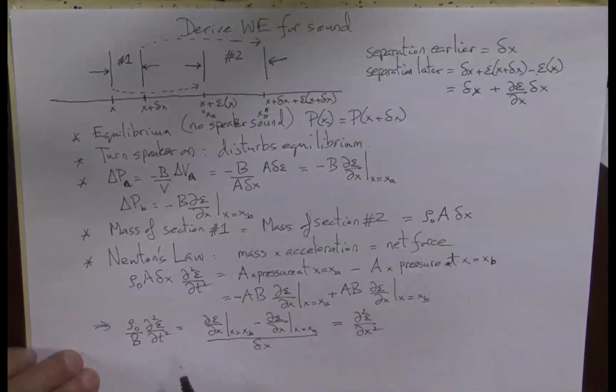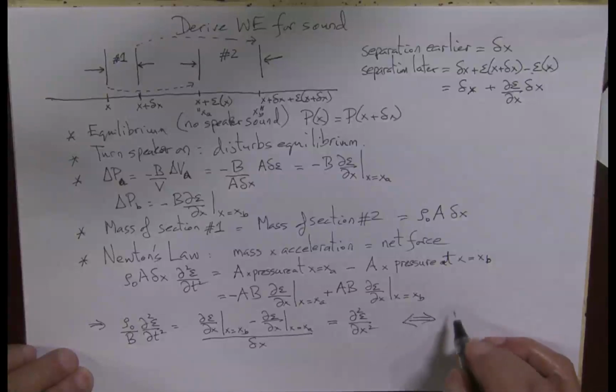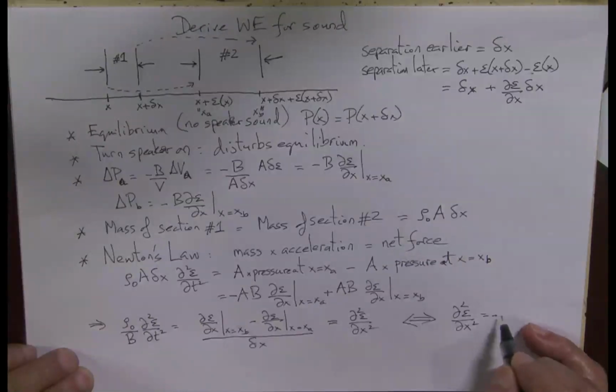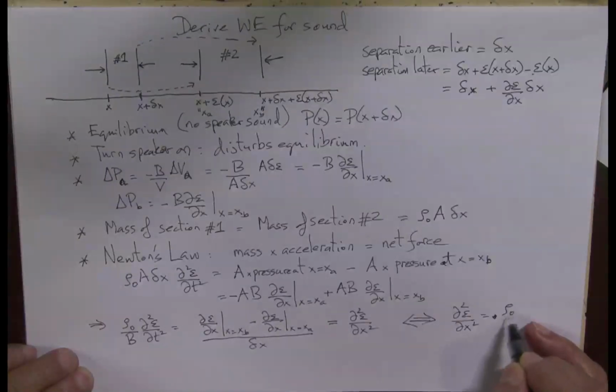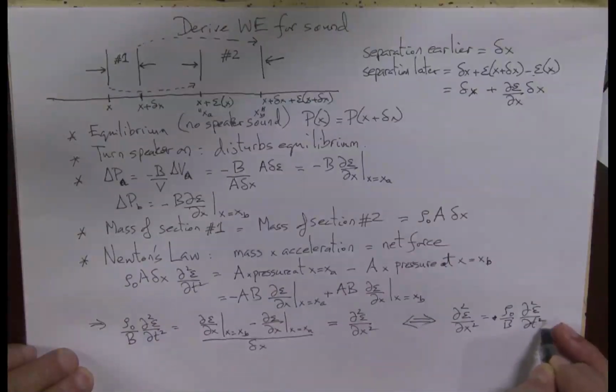And so finally we have got the wave equation, which says d²ε/dx² is equal to plus rho 0 over B d²ε/dt².